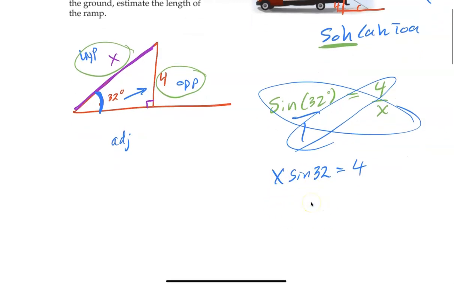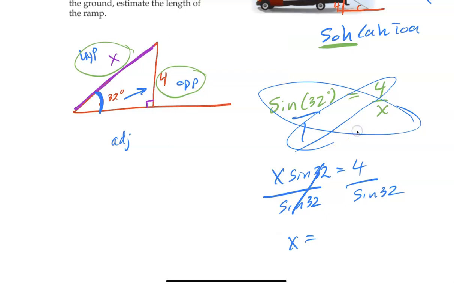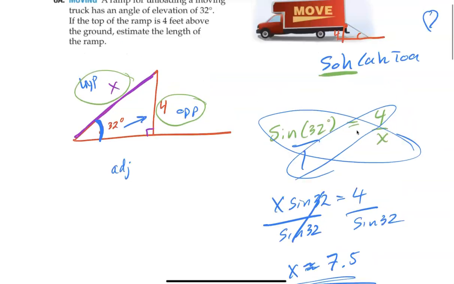I get rid of that sine of 32, so we're going to divide both sides by sine of 32. These cancel and I get x equals 4 over sine of 32. Bring out a calculator. 4 divided by sine of 32 is about 7.5. We'll round it to roughly, approximately 7.5. And what is this, feet?